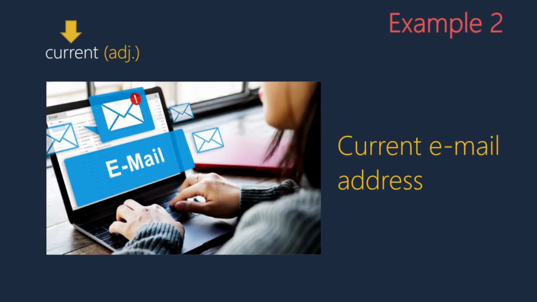So what is your current email address? Your current email address is the one you are presently using for your online communication, and not the email address that you created years ago but rarely used, which is now no longer active. So your current email address is the one that you are actively using on a daily basis. Okay, so that's current. The word current has other meanings too, but we're going to stick with the basics.